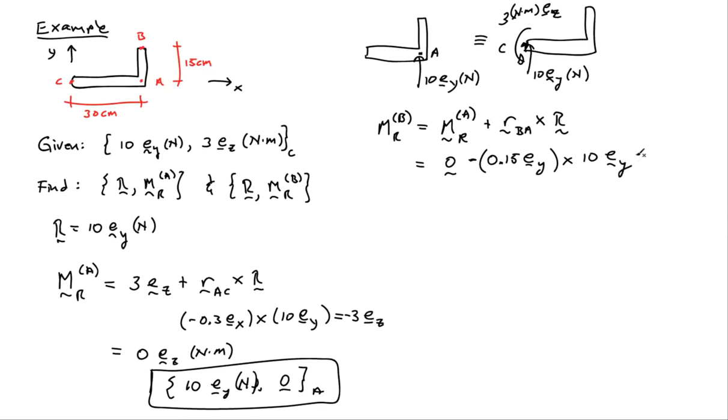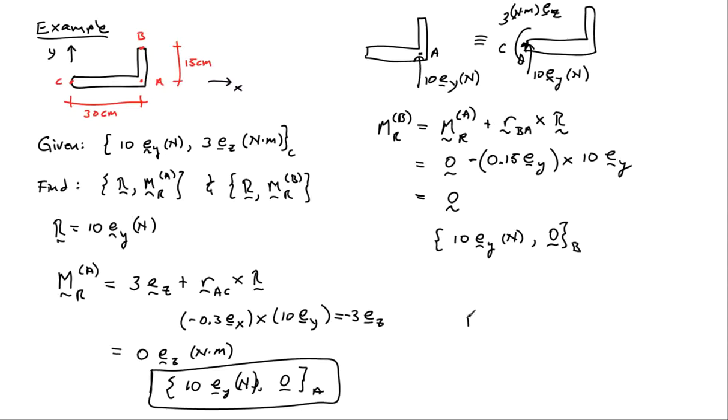EY cross EY is equal to 0, so we again get 0. So the characterization in B also looks the same. So it's 10 EY newtons with a moment that's 0.